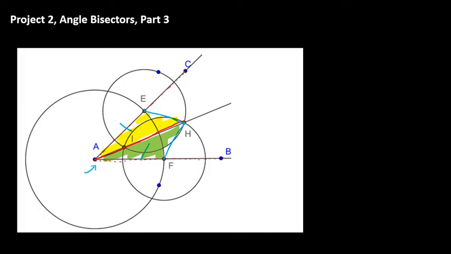That was established yesterday. Notice that points E and F both lie on the circumference of the circle. Any point on the circumference of a circle is equidistant from the center point, and we know that just from the definition of a circle.